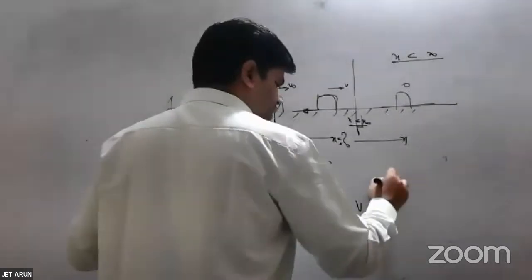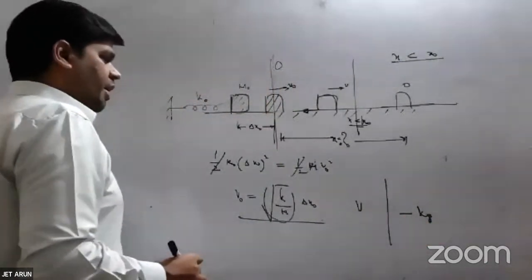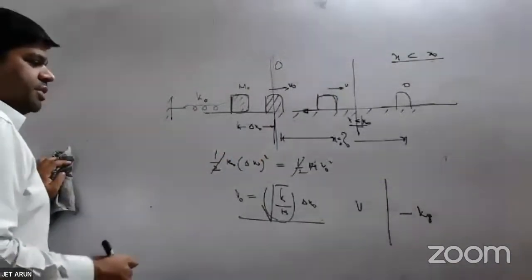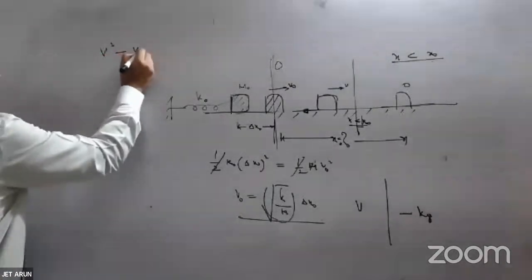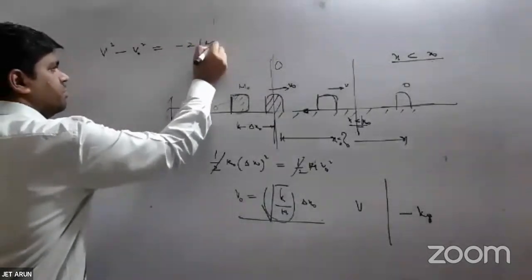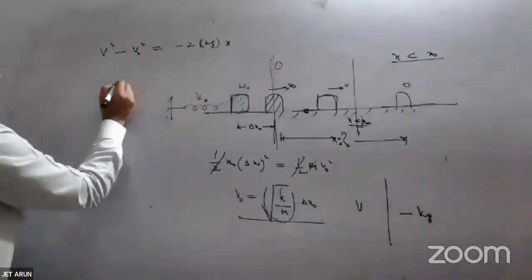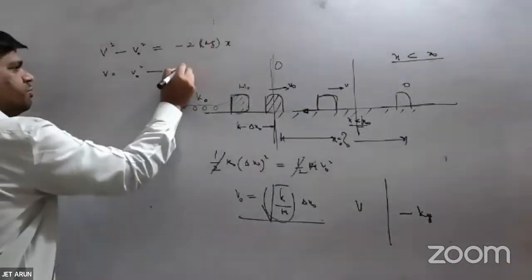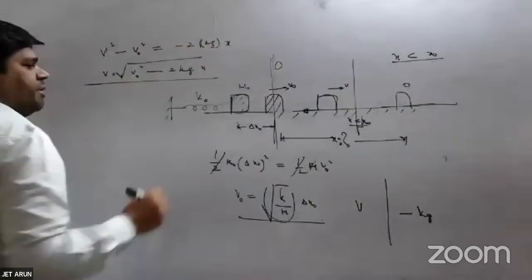I want final velocity v with a retardation of mu g. I can do it using the kinematic equation, which is v square minus u square is 2as. So let's do that as well. v square minus v naught square is equal to minus 2 mu g into x. So v is equal to root of v naught square minus 2 mu g x. That's what I get using the kinematic equation.